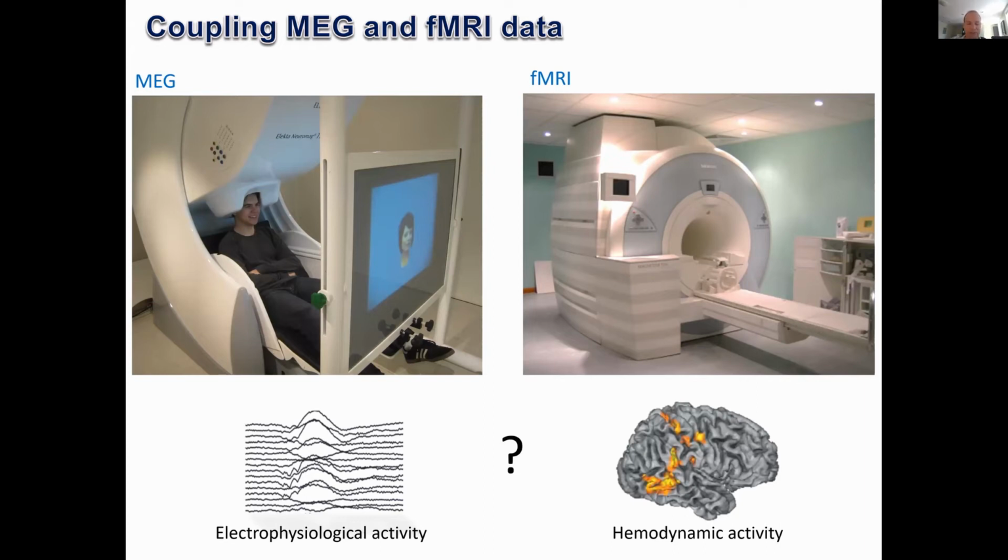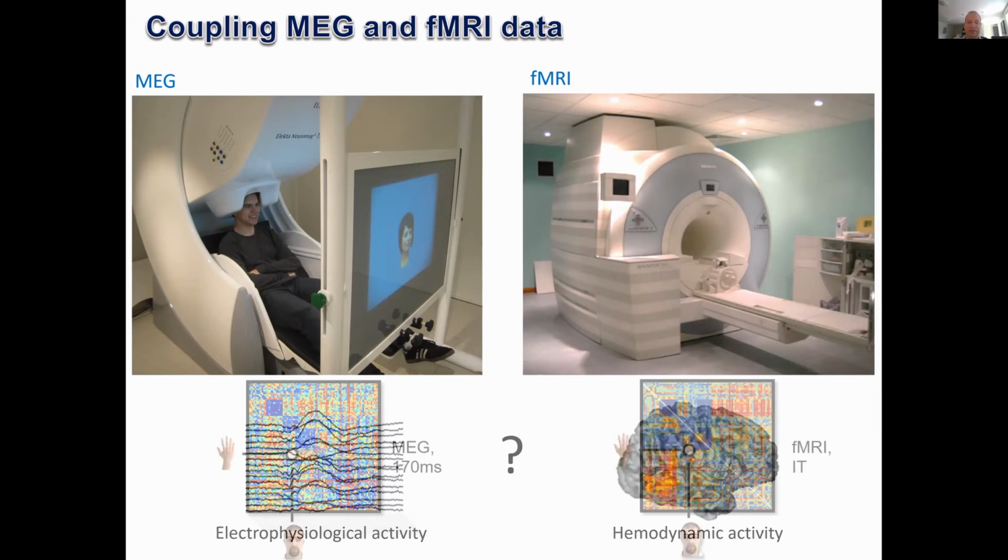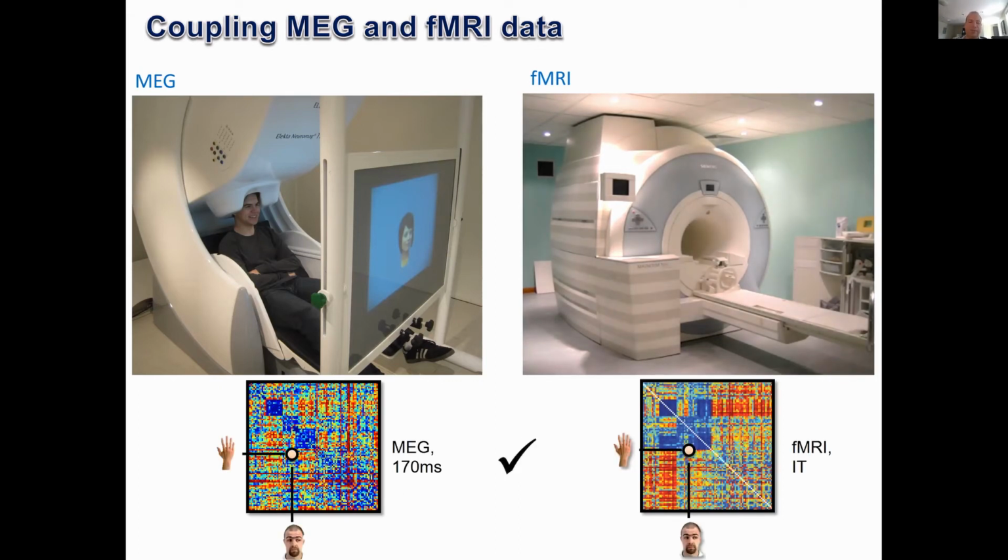So we have one method that is excellent in time. We have another method that's excellent in space, but we actually want both. And it's really complicated to compare the two because we're talking about physiologically very different signals. However, if you use the ideas I mentioned earlier and construct these representational matrices, which in the case of MEG, will be changing in time, and in the case of fMRI, will be changing in space because we can construct these profiles here from local patterns surrounding corresponding brain areas.